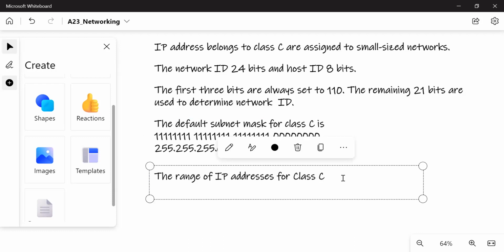Now in class C, we can say it starts with 192, because it starts with 110, right? First 3 bits are already set.